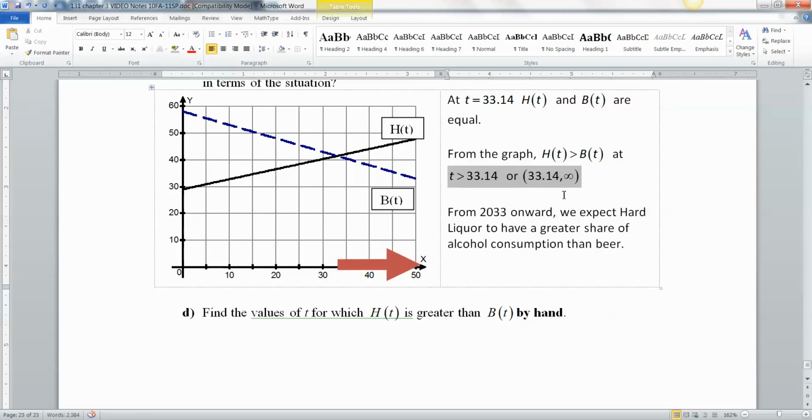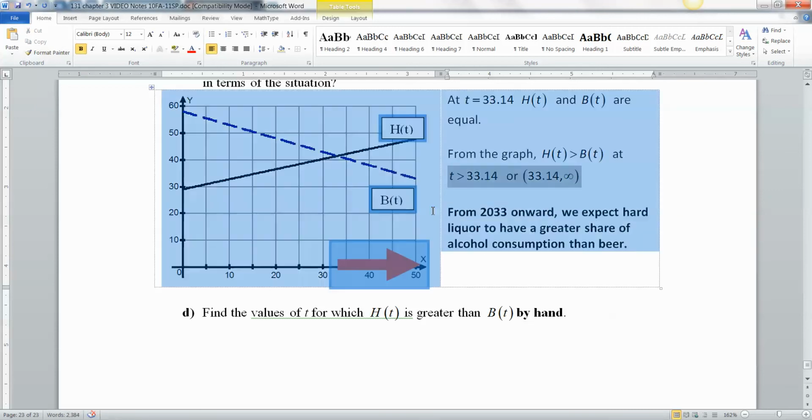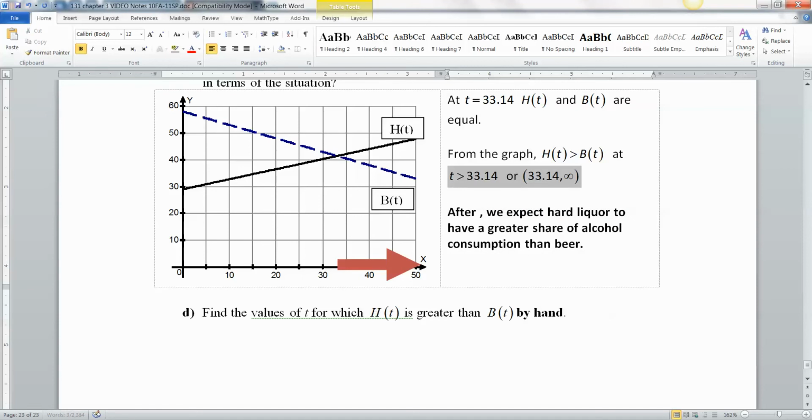I'm not sure why I'm capitalizing hard liquor. It's not a brand name. All right, hard liquor. That's what it means in terms of the situation. From that point onward, or after 2033, that might be another way to say it. After 2033, we expect hard liquor sales to have a greater share of alcohol consumption than beer.